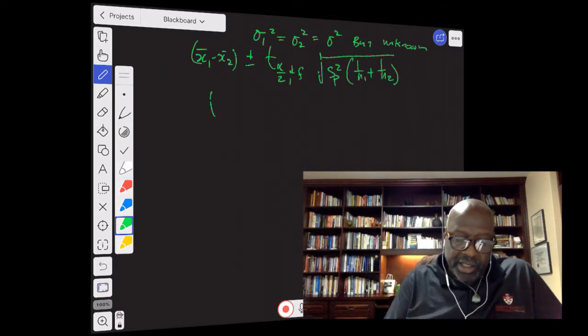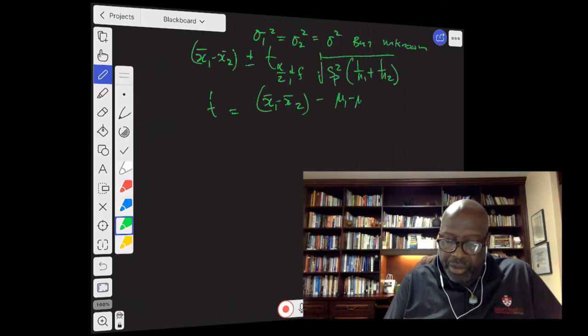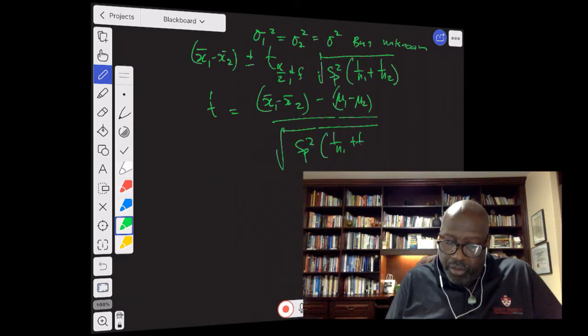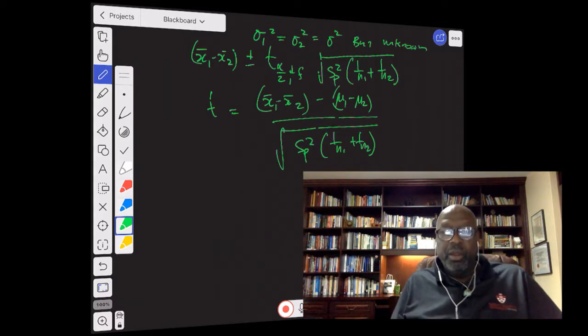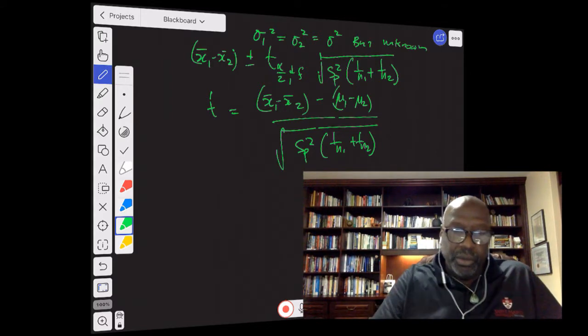And then for the test statistic, it's again the sample statistic minus the population parameter over the standard error. What's the standard error again? We already know what it is: sp squared times 1 over n1 plus 1 over n2. All right? So that's what we're going to use.